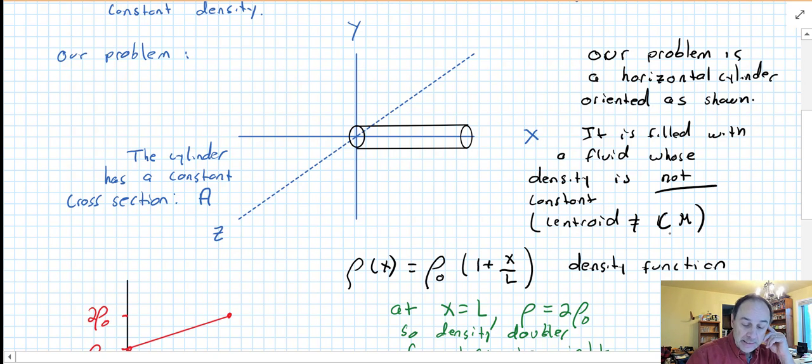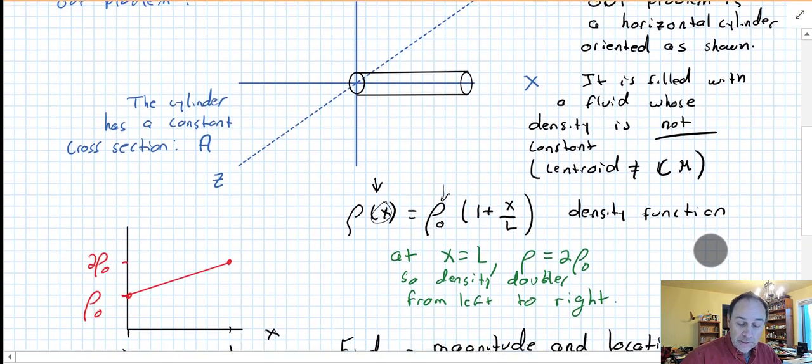We're given that the density at any particular location is this density at point 0 times this function, 1 plus x over L. So where x equals 0, the density is just density 0.